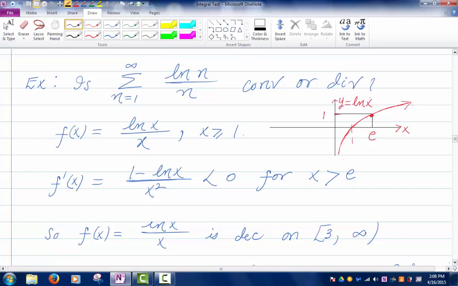I want to know whether this series is convergent or divergent. Now, by the way, I want to make a point here. Even if I have to show this series is convergent or divergent, right? Let's say instead I show that the series from 10 to infinity of ln of n over n is divergent, right?